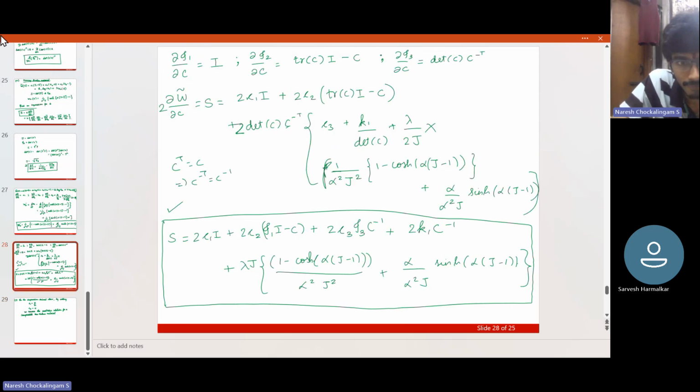Okay, so C2 is equal to 0, C3 is whatever it is, K1 is still there. C3 is also set to 0. K1 is, oh, okay, fine.